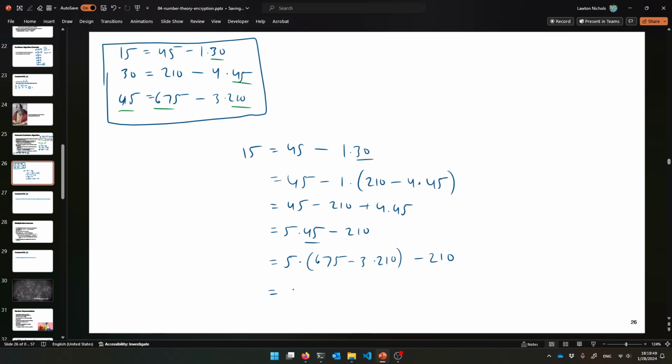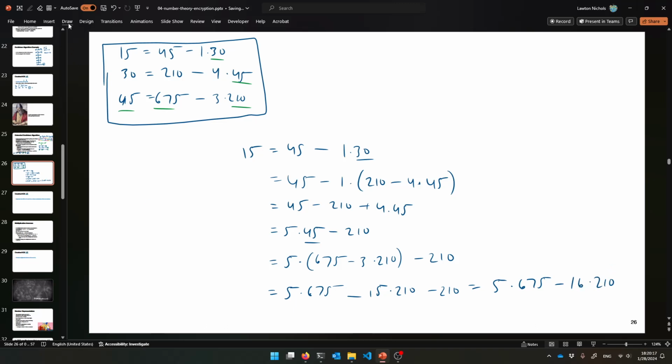So this is equal to how many 675s? 5 675s minus, how many 210s? We got minus 15 210s here, minus another 210. So that's equal to 5 times 675 minus 16 times 210. Okay?